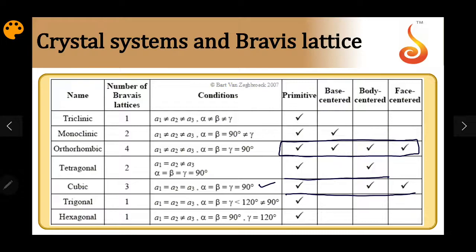Hexagonal: a1 and a2 are equal, the third length is different, alpha and beta equal 90 and gamma equals 120. Triclinic is the most unsymmetrical one: none of the sides are equal, none of the angles are equal. Monoclinic: 2 angles are the same, 1 angle is different, and all the side lengths are different.